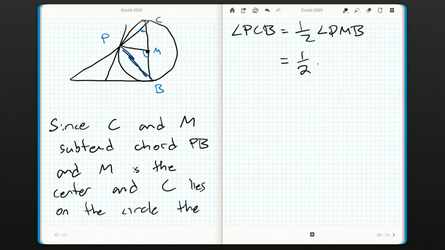But this is 1/2 of, if we add in Q again, this is 1/2 of twice QMB. So that angle is the same as that angle.